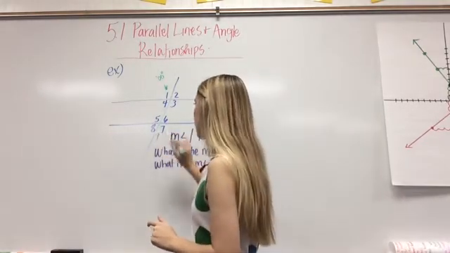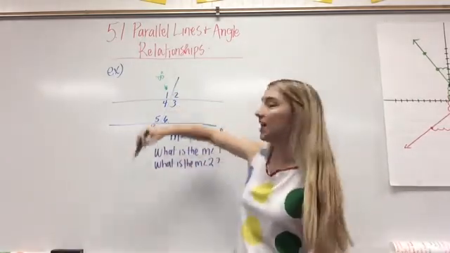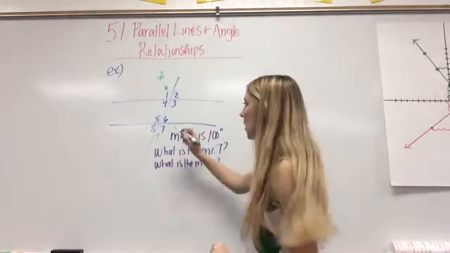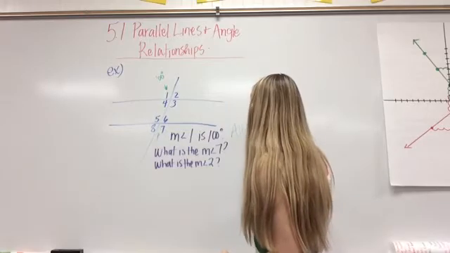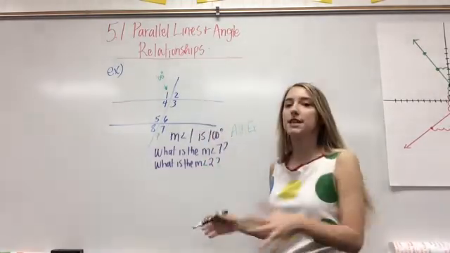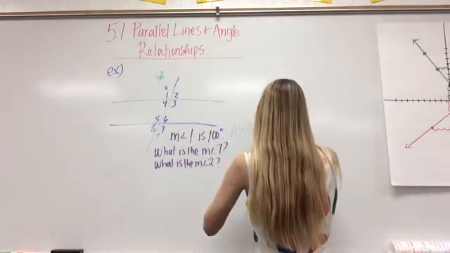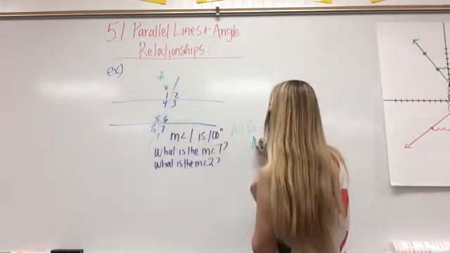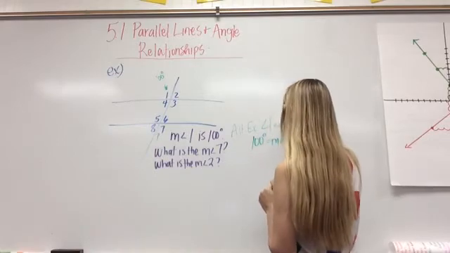So that's this one. Now, if you notice, angle 1 and angle 7 are alternate exterior angles. So, what we know about alternate exterior angles, we know that they're congruent. So, congruent means they have the same angle measure. So, if angle 1 is 100 degrees, then that means that angle 7 is also 100 degrees.